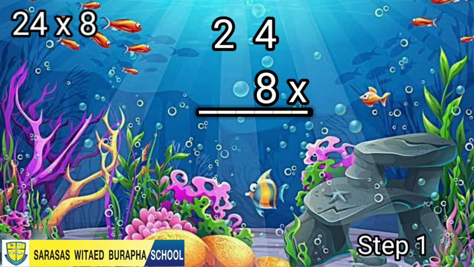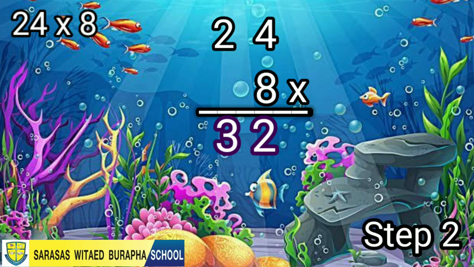That's 4 ones times 8 equals 32. Step 2. We will multiply the tens. That's 2 tens times 8 equals 160.